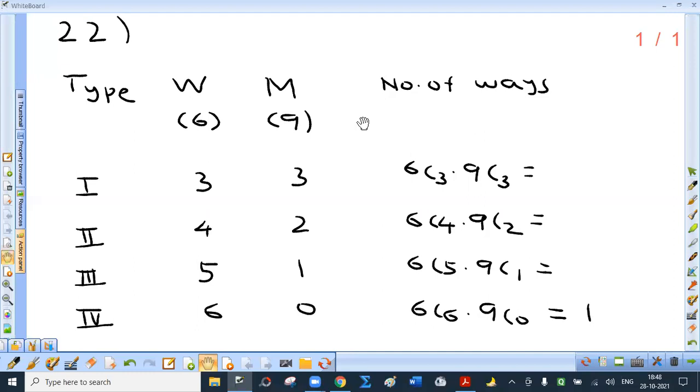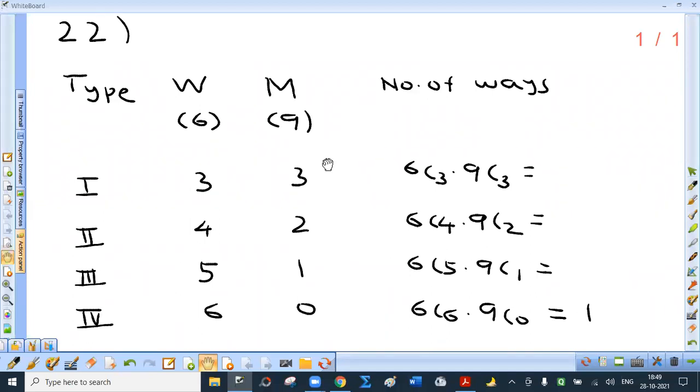Next line. Therefore, following are 4 types of teams.